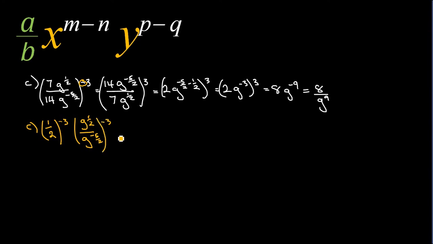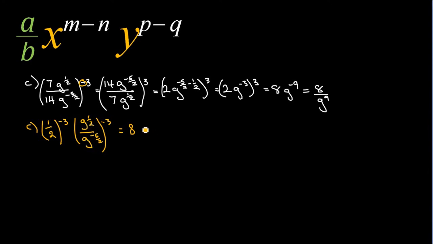So this is a slightly different way of thinking about the problem. Half to the minus 3, well, that would be 2 cubed. 2 cubed is 8, so we can resolve that one straight away. So let's just write 8 here. This one here then, let's do it up and down, as it were.